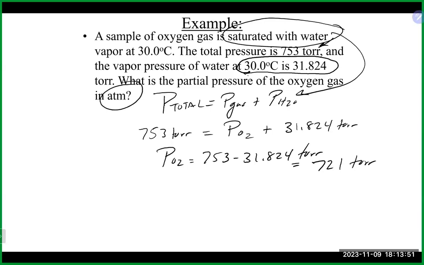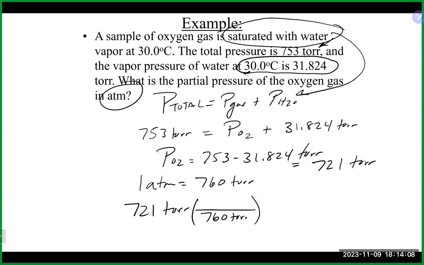Again, though, we are interested in atmospheres, so 1 atmosphere is equal to 760 torr, or 760 millimeters of mercury. So doing our conversion, 721 torr, we divide by 760, which gives us 0.949 atmospheres.